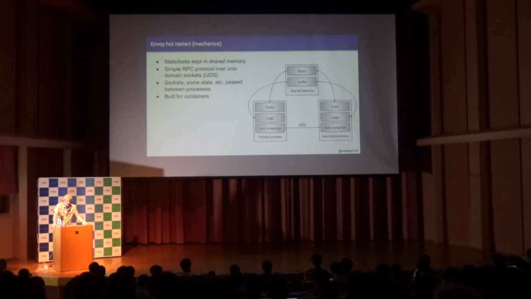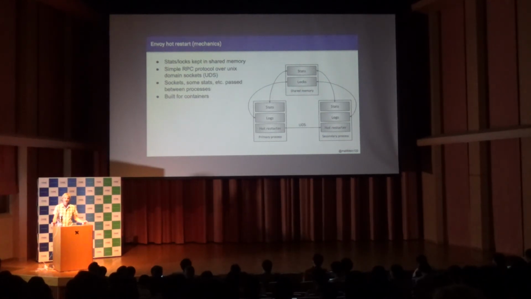And one of the key things here is that this mechanism was built for containers. There are various ways that hot restart functionality has been done in the past, but typically it's been done within the same process. So the process will do some funny stuff of forking and execing. The problem is that doesn't work with containers, right? Because we would like to deploy a new container, the container has to be torn down.